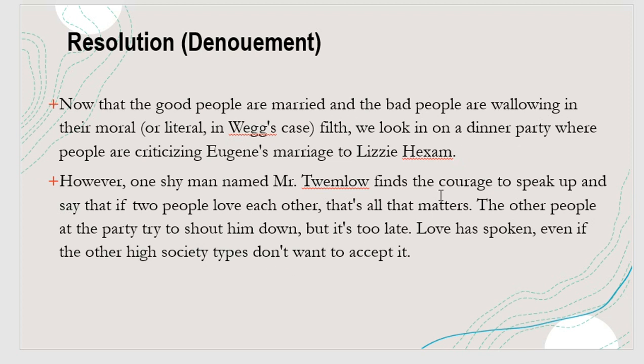So the last part of the resolution talks about the two characters who married each other, and they are from different social classes. The marriage of Eugene and Lizzie Hexam was really big trouble for many people at that time, in how they would accept it.